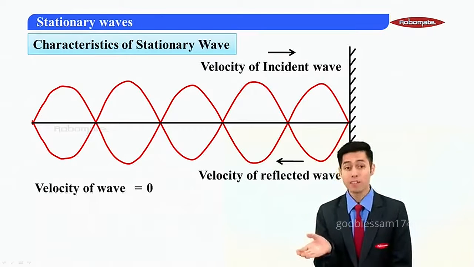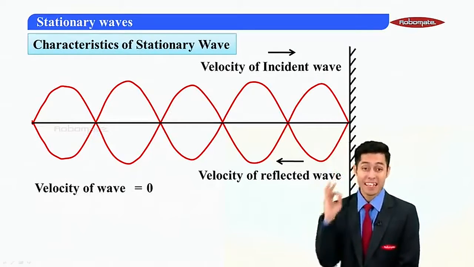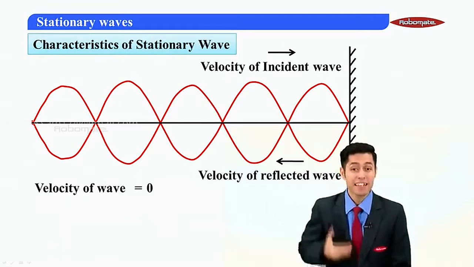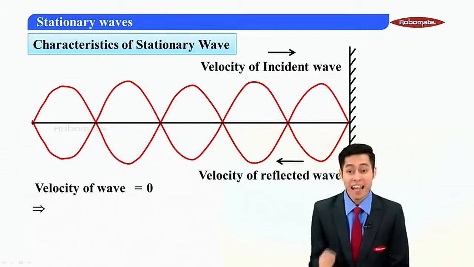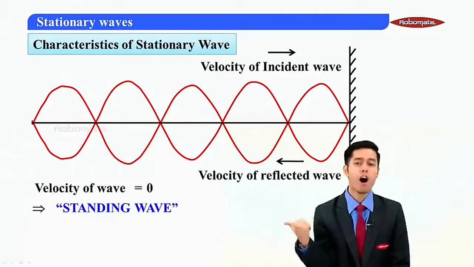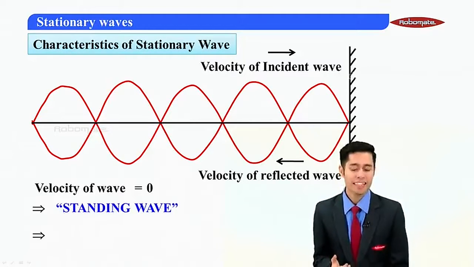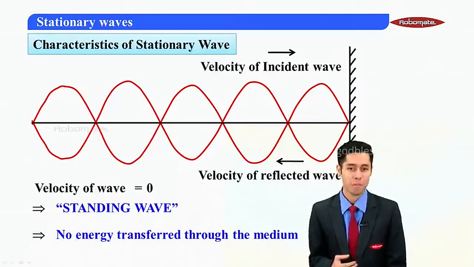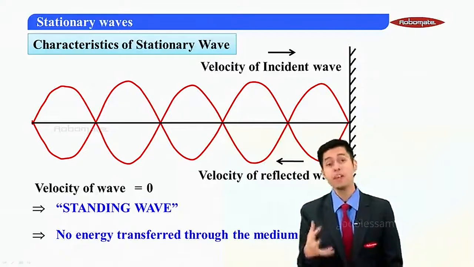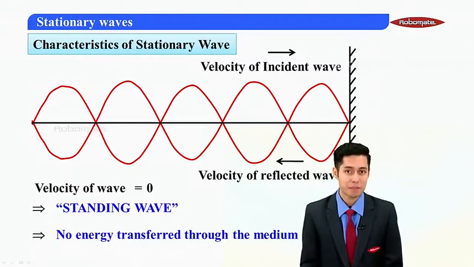Since one velocity is towards the right, the other is towards the left, the net direction of the wave will be nowhere. That means the net velocity is zero, and hence such a wave is called a stationary wave or standing wave, because it does not move. That means there is no net energy transferred through the medium. There is no energy transfer taking place.